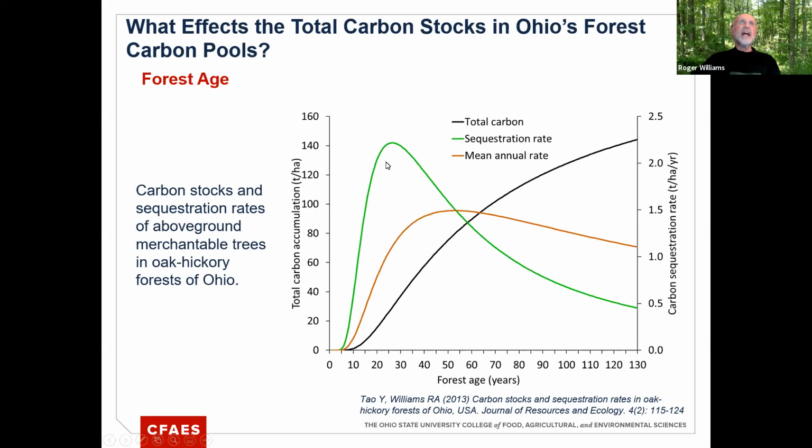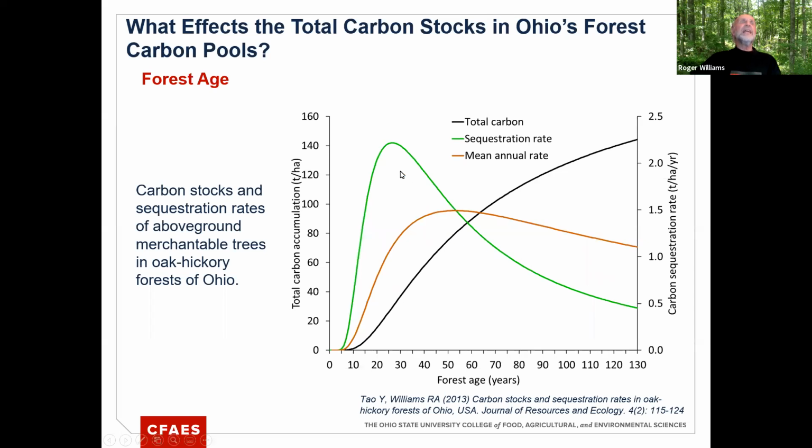The green line here indicates how quickly that carbon is being sequestered in that tree. And what we see here is that the rate at which carbon is being brought in and sequestered into the tree peaks at a relatively young age, about 25 years of age for oak forests, okay?